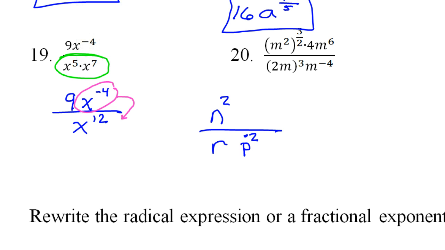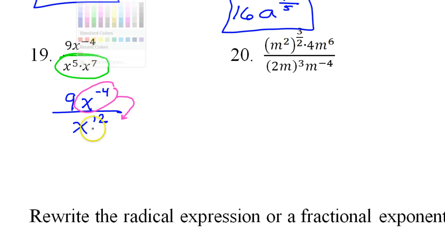That would then have to move up. So this, if it was negative, would have to move up and become p squared in the numerator. Just keep all that in mind. Anyway, back to the actual problem. This is going to have to drop down. So let me recopy so you can follow it.